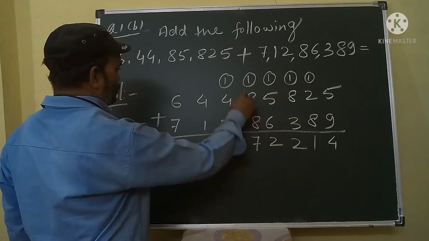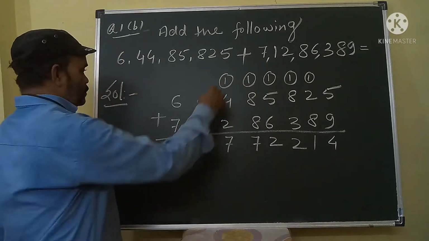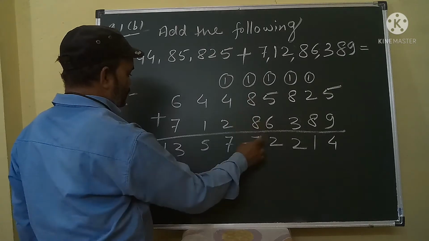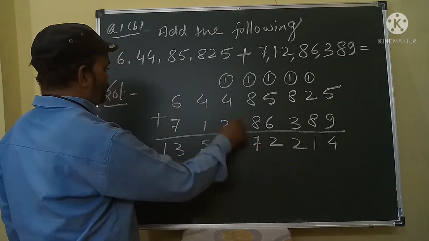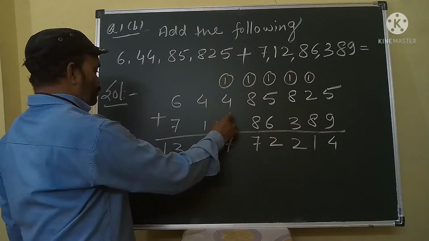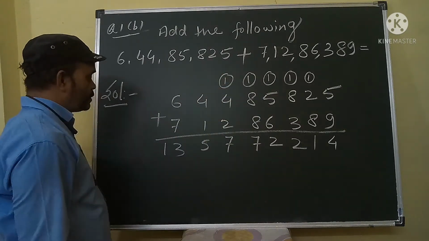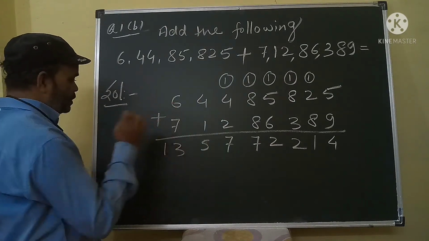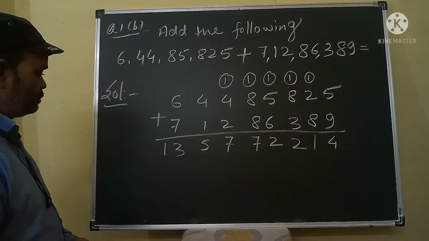This is 2. Carry over is 1. 1 plus 8, 9. 9 plus 8, 17. This is 7. Carry over is 1. 1 plus 4, 5. 5 plus 2, 7. 4 plus 1, 5. 6 plus 7, 13.